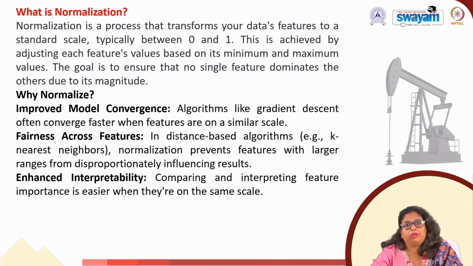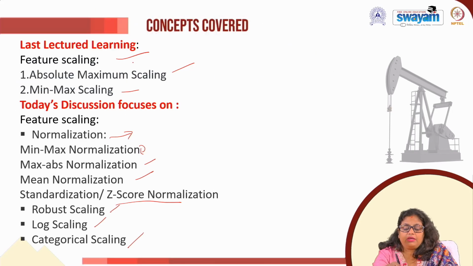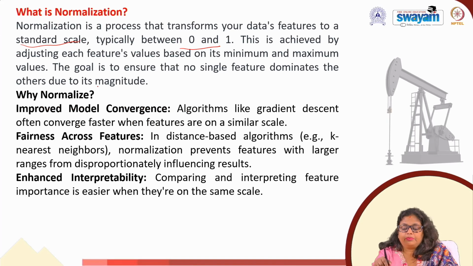So what is this normalization? Normalization is the process that transforms your data features to a standard scale, typically between 0 to 1. We did this min max scaling in the last class.